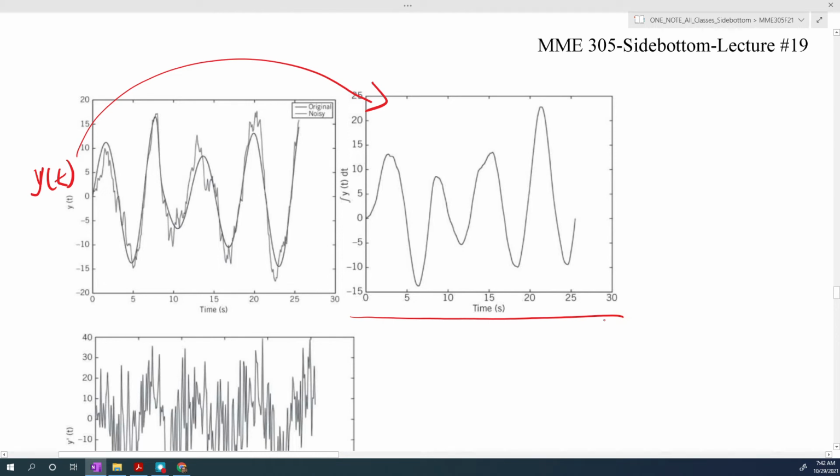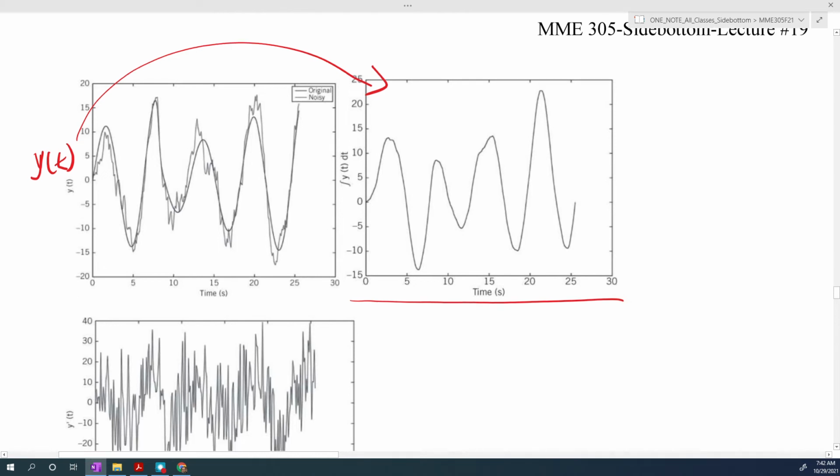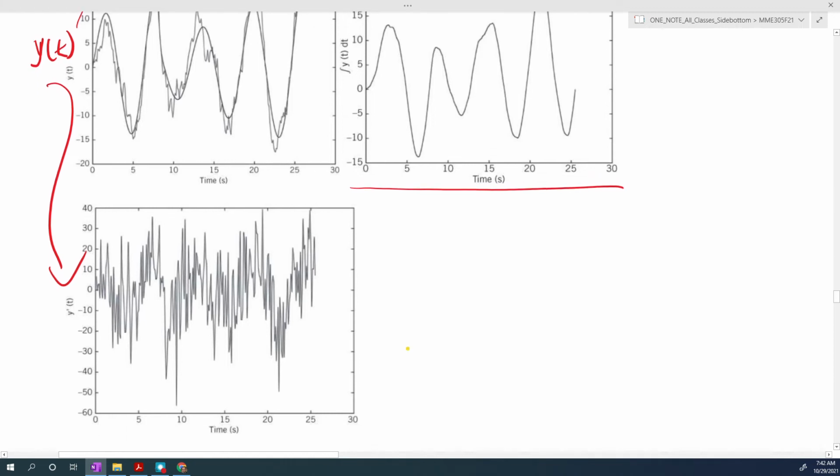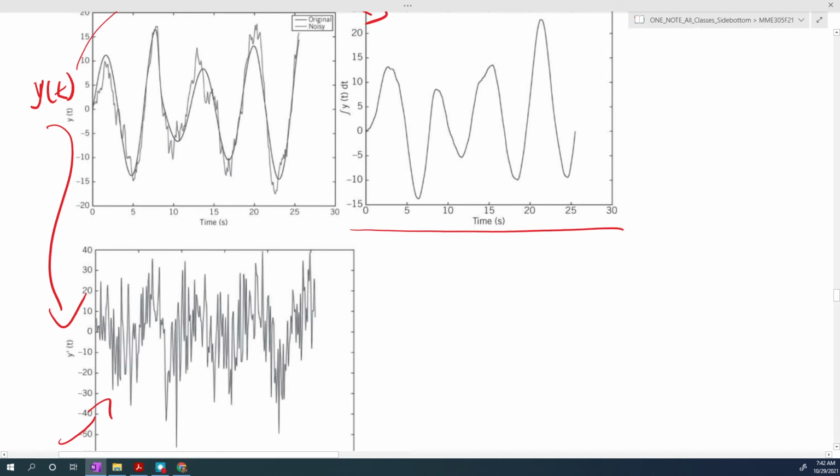Now if we differentiate the noisy signal with respect to time, we end up with a measurement that looks something like this. The derivative doesn't really represent the reality of what's going on, while the acceleration signal did a much better job, when we integrated it, of actually representing the reality of the motion.